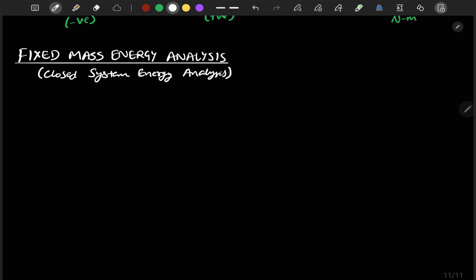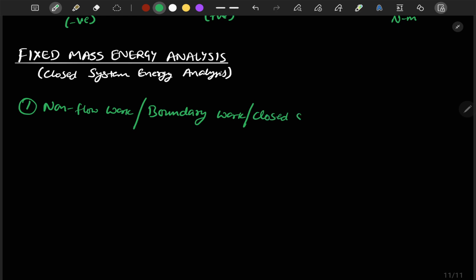So in closed system energy analysis, the first thing we will be seeing is what is non-flow work, or it can also be termed as boundary work, or closed system work.